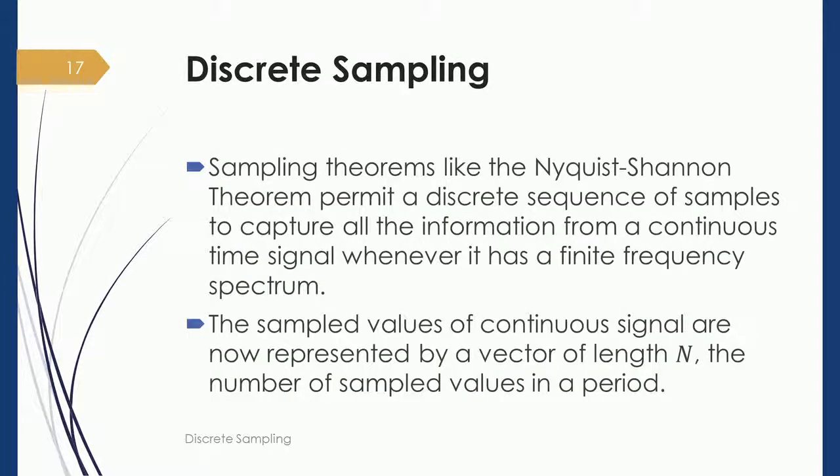So, the natural question one would ask is, how many samples do we need per period, or what is the frequency with which we should sample a periodic function in order to capture the required amount of information about a continuous periodic function? To capture the information perfectly, we may need a lot of samples at a very high frequency.